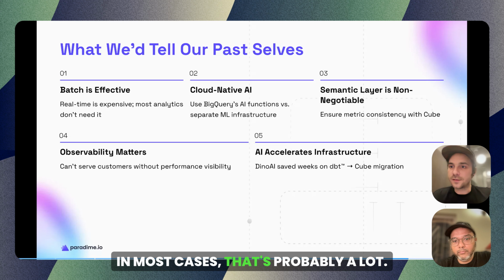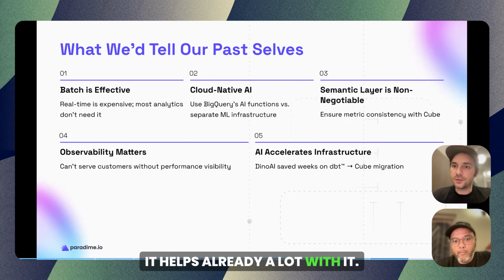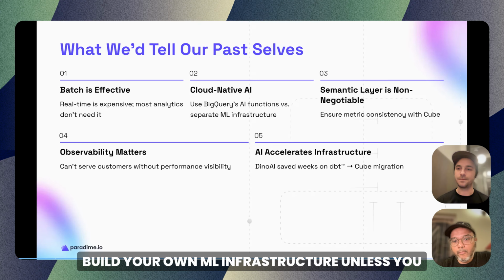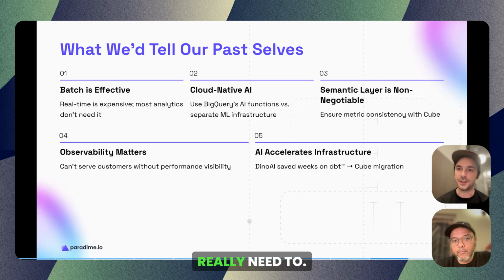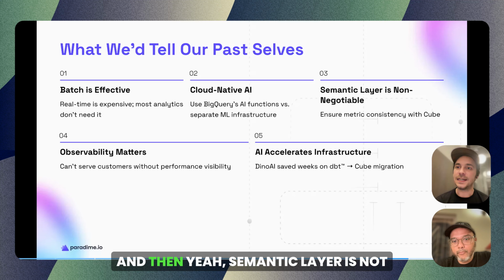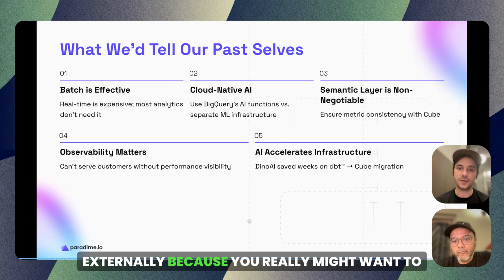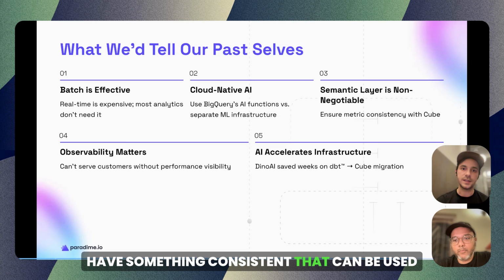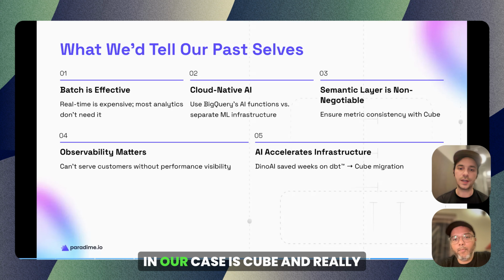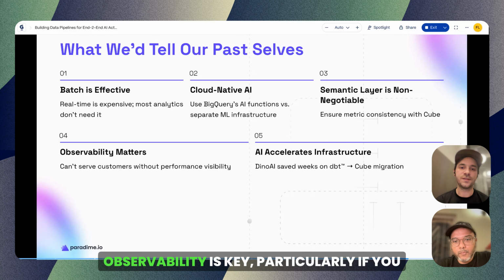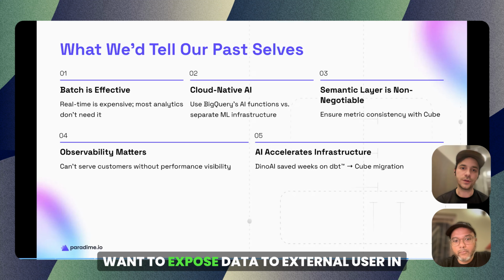In most cases that already helps you a lot, so try not to build your own ML infrastructure unless you really need to. And then, a semantic layer is non-negotiable when you want to expose data externally, because you really want something consistent that can be reused, in our case Cube. And really, observability is key, particularly if you want to expose data to external users.